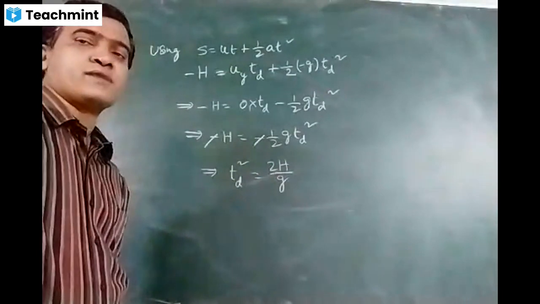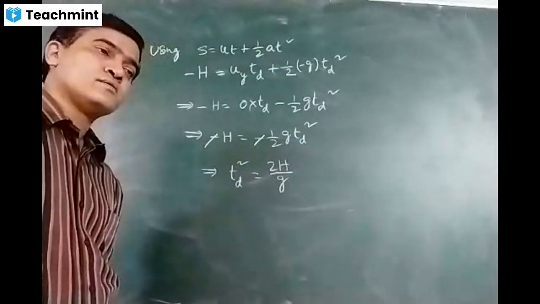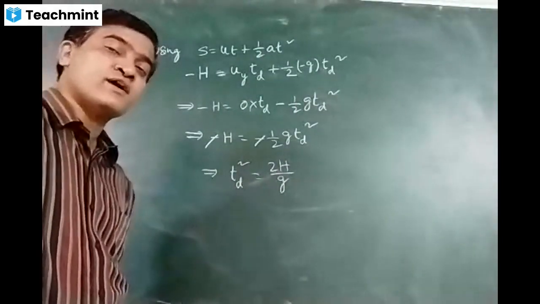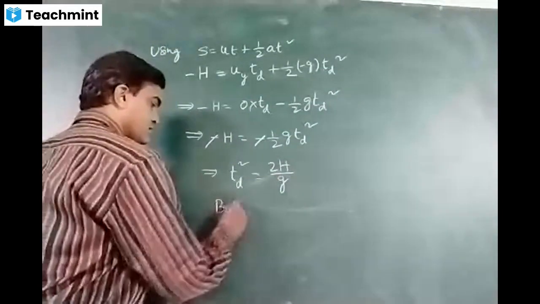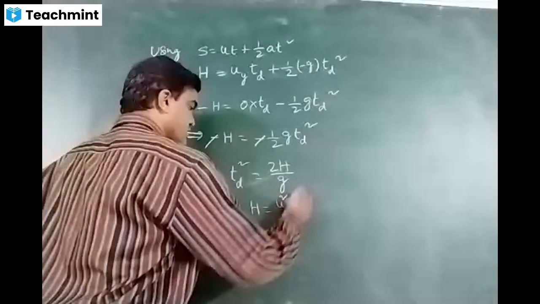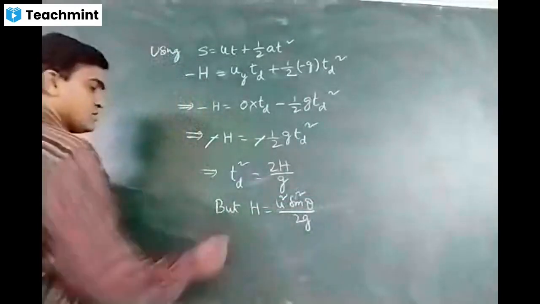But recall the formula for maximum height: H is equal to u square sine square theta by 2g.